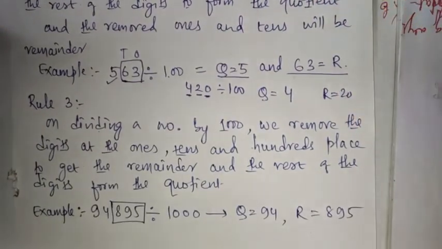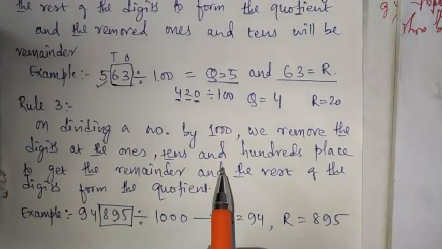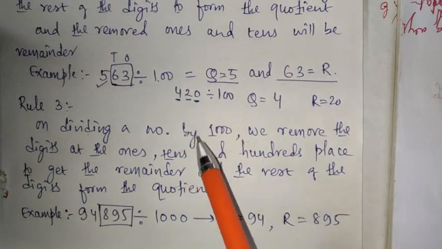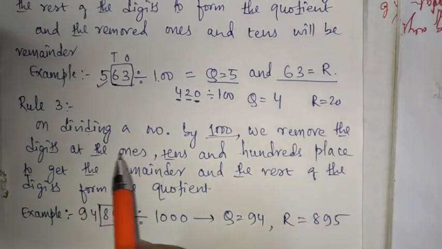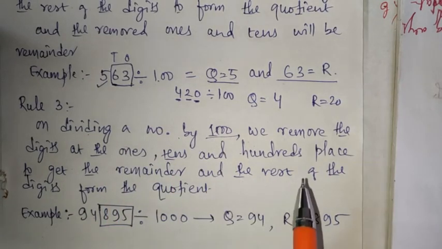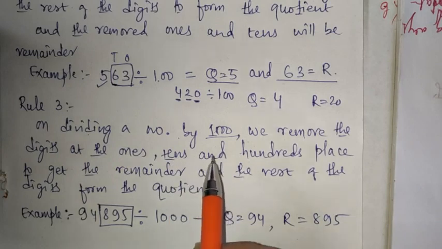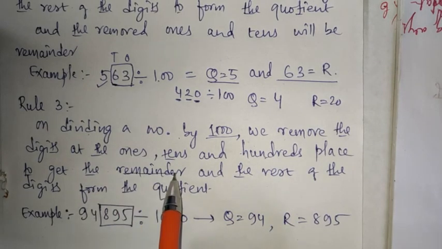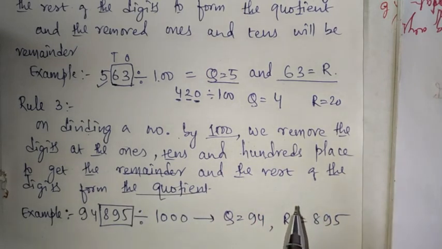Moving on to rule number 3, on dividing a number by 1000. In rule number 1 it was 10, rule number 2 was 100, and rule number 3 is now 1000. On dividing a number by 1000, the ones, tens and hundreds places will be removed. That will become the remainder, and the rest will become the quotient.